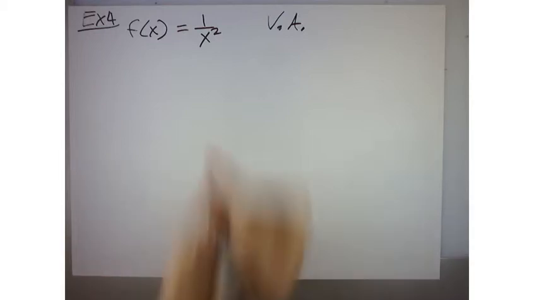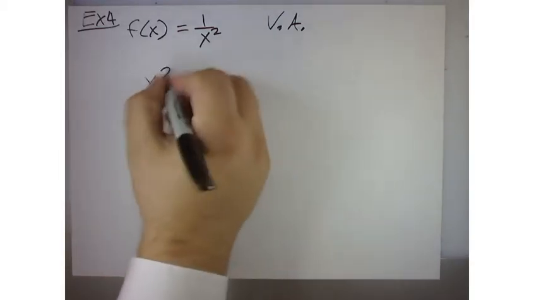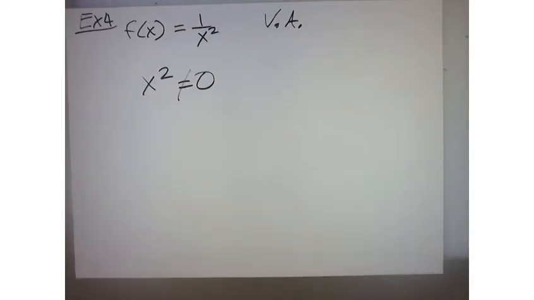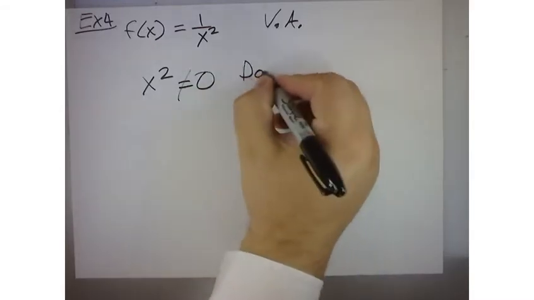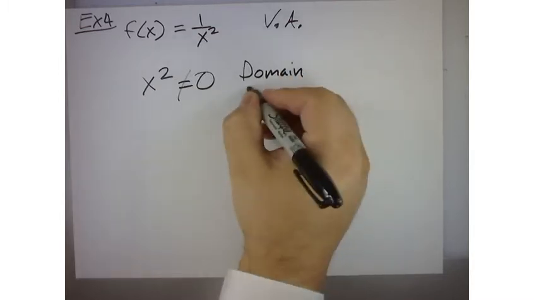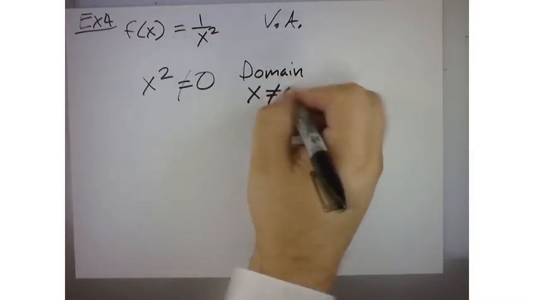So in other words, I have x squared equal to 0, which I cannot have, right? So what's the domain? X is all reals except x cannot equal 0.